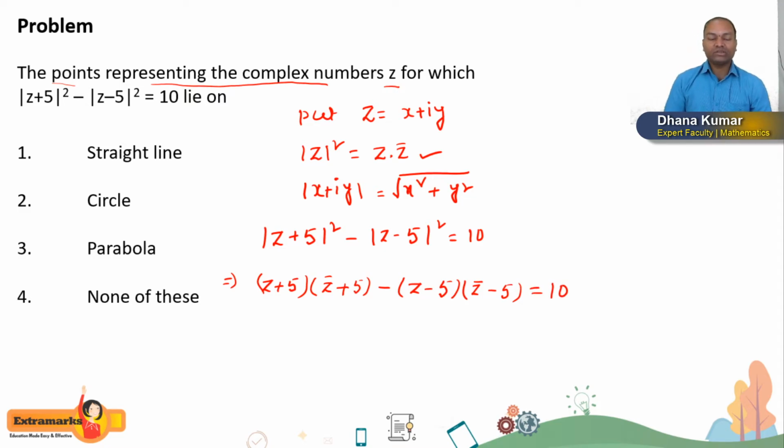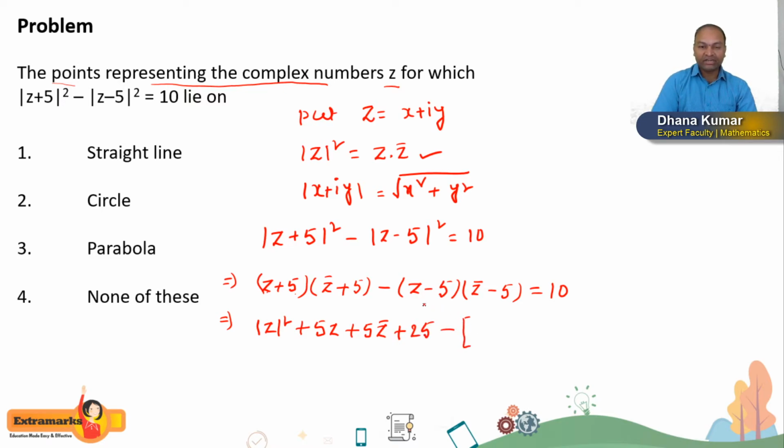Fine. Now expand that bracket here. Z into z bar. Z into z bar is what? Mod z square. Just now we wrote the formula. So mod z square. Next z into 5, 5z. 5 into z bar, 5z bar. 5 into 5, 25.